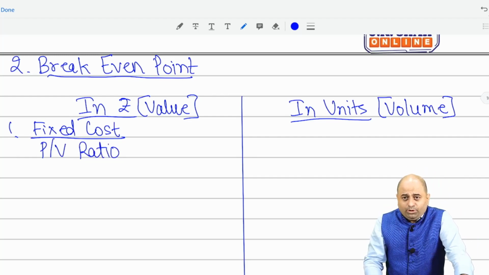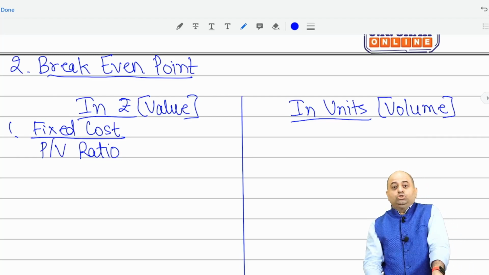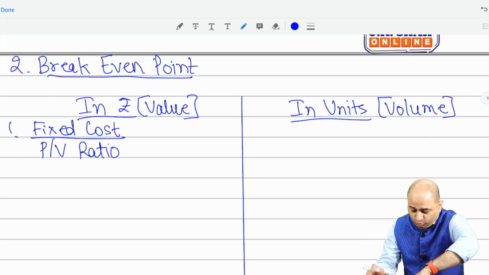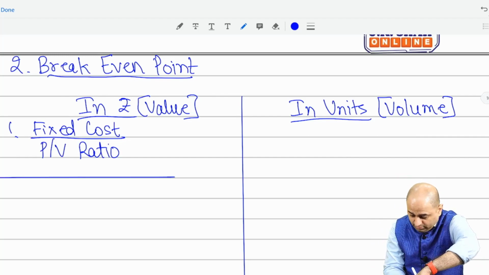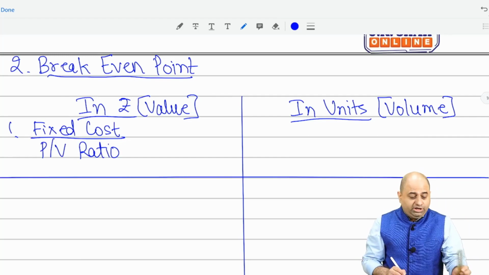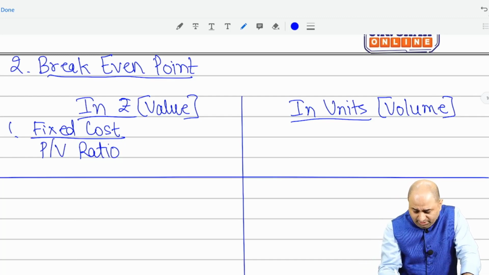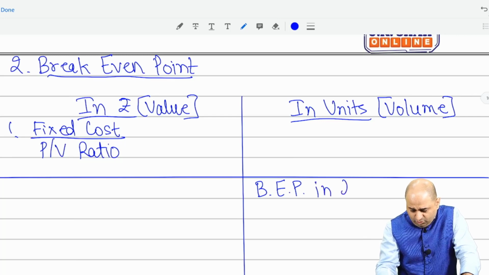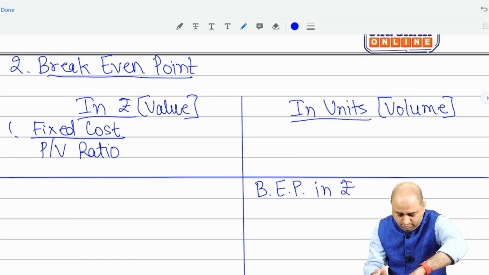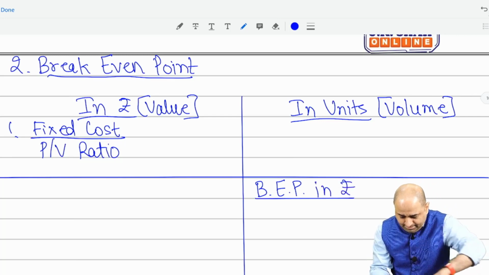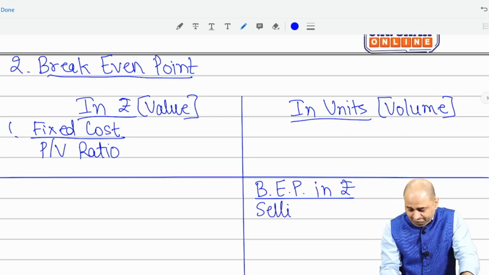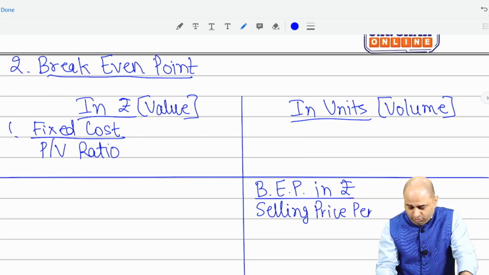That will give you break-even point in rupees, and once you have break-even point in rupees, you can surely calculate your break-even point in units. So how do you do that? So simple. BEP in rupees divided by selling price per unit.